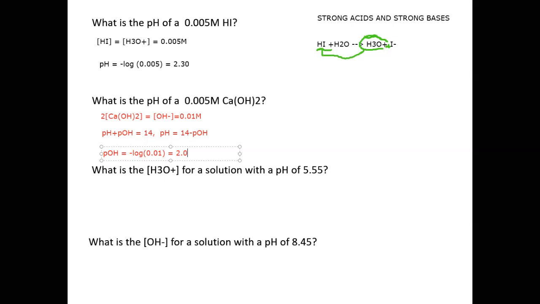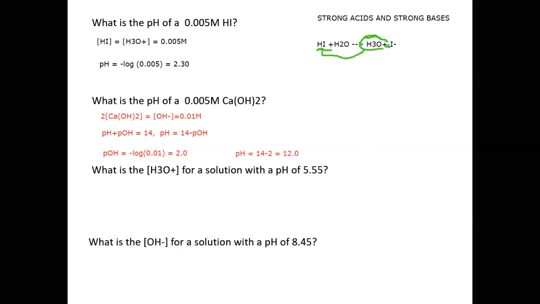Now to find the pH, it would equal 14 minus 2, which equals 12. And this is correct because the pH of a base should be greater than 7.